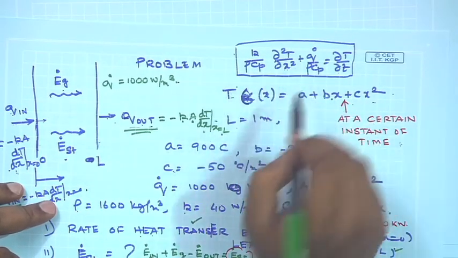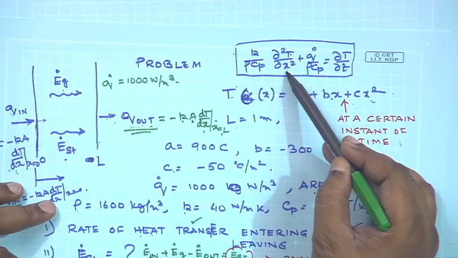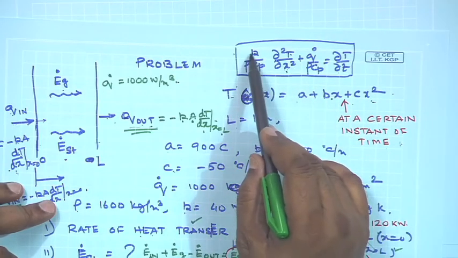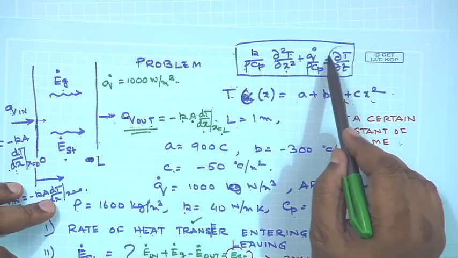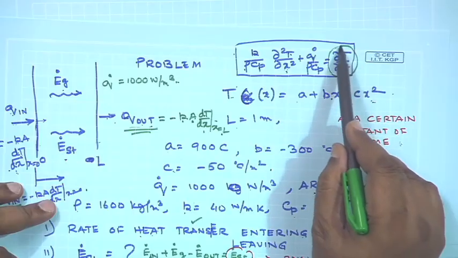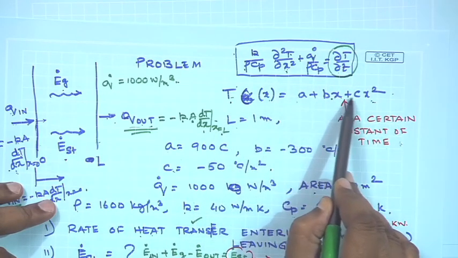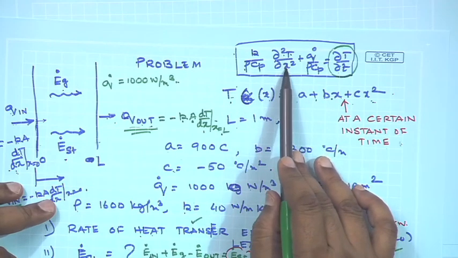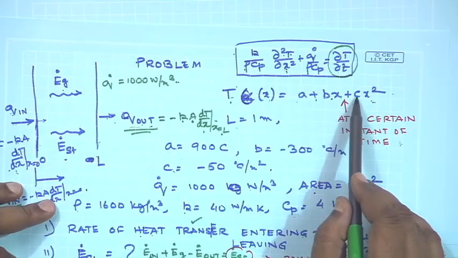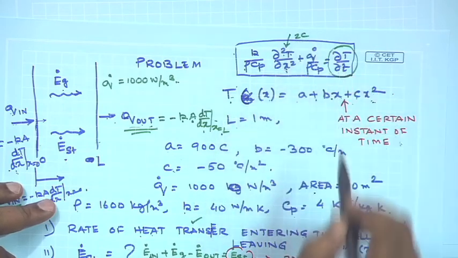Temperature as a function of x is known to you. So, you should be able to find out what is del 2T del x square. The values of K, rho, Cp, Q dot are known to you. So, the only unknown here is del temperature by del time, and looking at the expression of T as a function of x, you would see that del 2T by del x square is going to be a constant. It is simply going to be 2C.